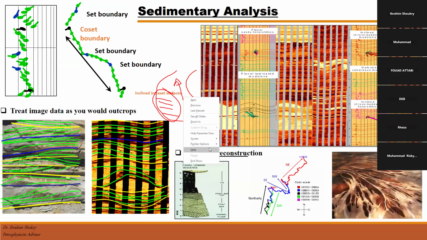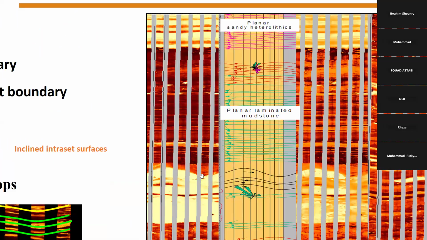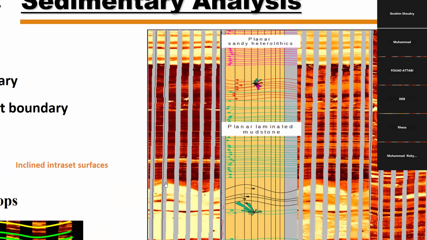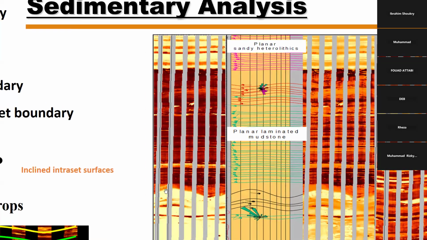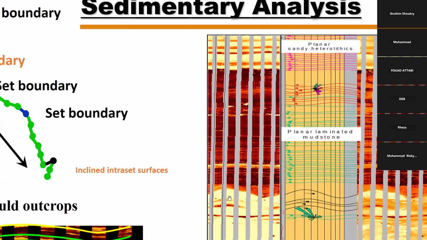Otherwise, if you have an example like this feature, it looks like a scouring surface, or unconformity, or the base channel criteria.